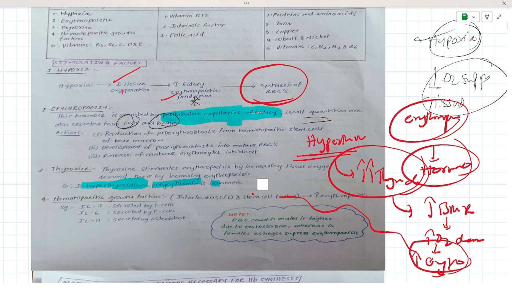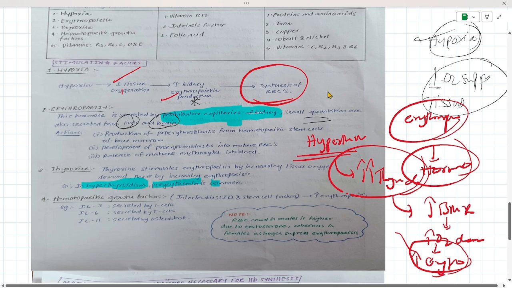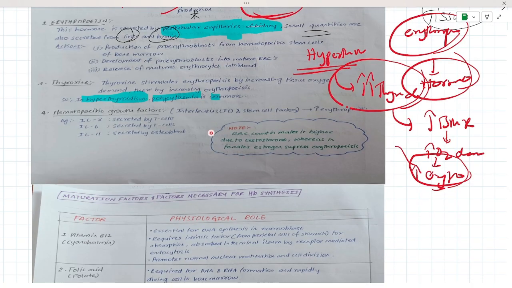These interleukins and stem cell factors also help in the synthesis of RBCs. Now, here's an important note. It is mostly asked in viva. The RBC count in males is higher than in females. Why? Because RBC count in males is higher due to testosterone.